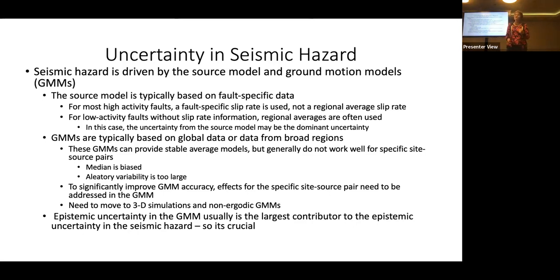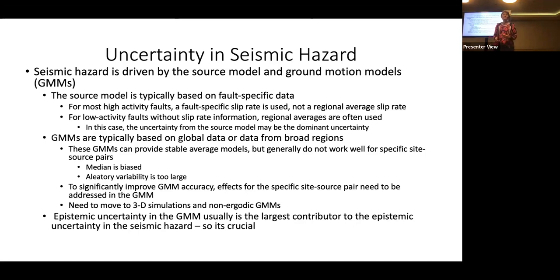We specifically can improve that ground motion accuracy if we can get that specific information on source, path, site. And to do that, we need to move towards making better use of three-dimensional simulations, and also moving towards so-called non-ergodic, meaning more specific, ground motion models.